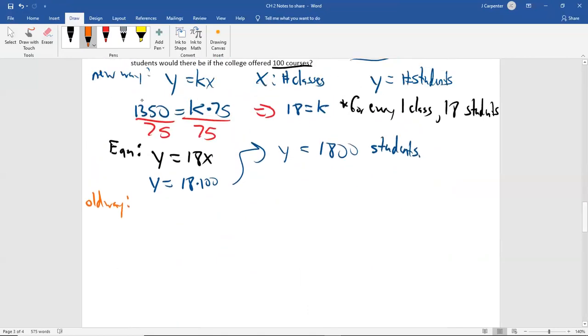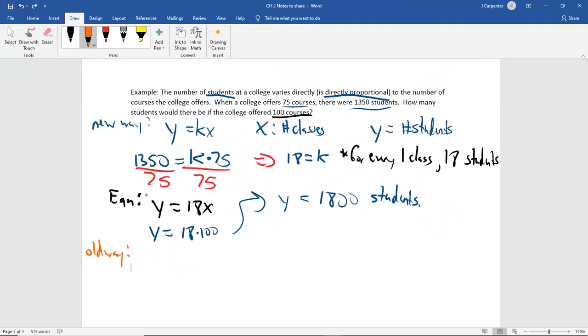So the old way was where we write a fraction equal to a fraction, we cross multiply and we solve. But before we do any of that, we use our words. So what words seem to kind of help us talk here? We have students and we have courses or classes. So you could write students over classes, or you could write classes over students.